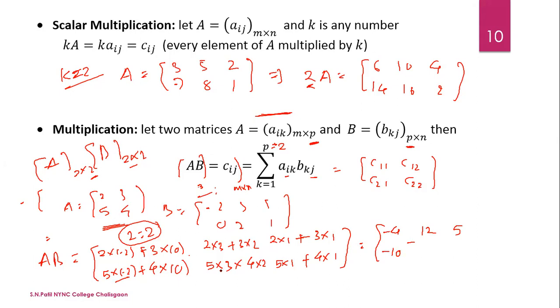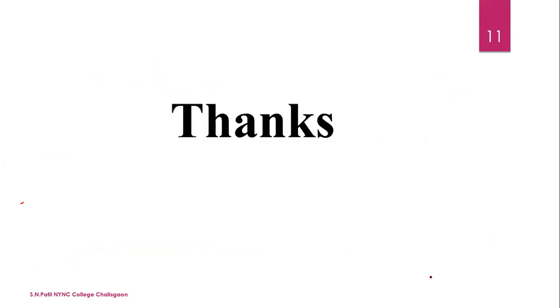Now next, this is 15 plus 8, that is 23. Now 5 plus 4 is 9. So this is the matrix multiplication. Okay. Thank you.